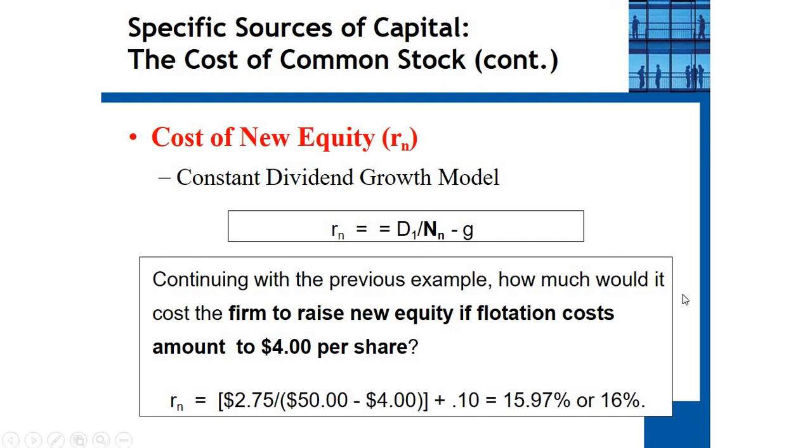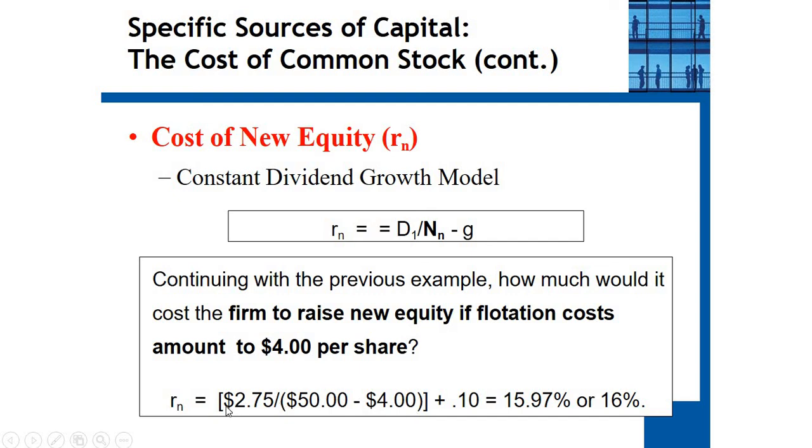Those costs are known as flotation costs. Say, for example, this firm's flotation cost per share is $4. The current stock price of this share is $50, so the net proceeds of this stock is $50 minus the flotation cost, or simply $46.